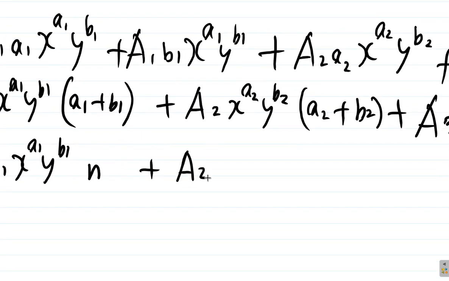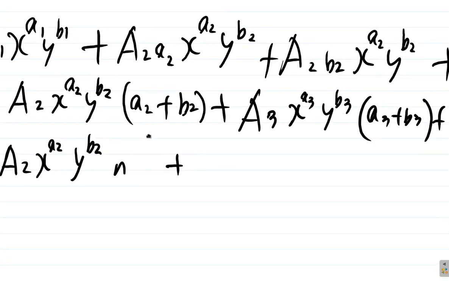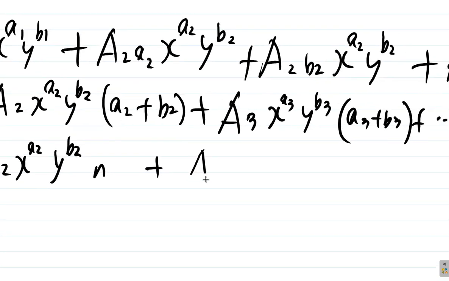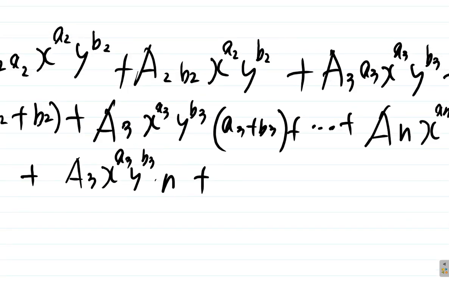This is a2 x to the a2 y to the b2 times n, plus, here we have a3 x to the a3 y to the b3 n, because this is n, plus, on and down it goes, plus.